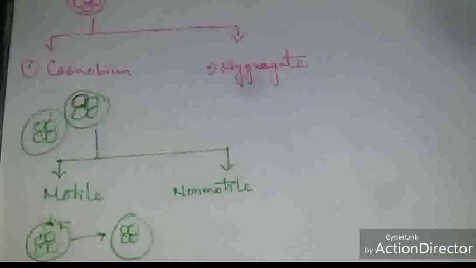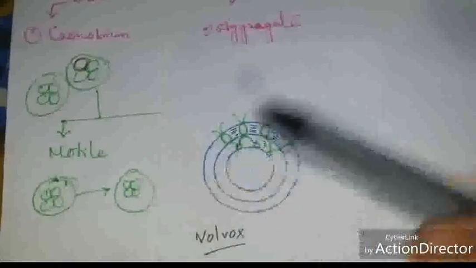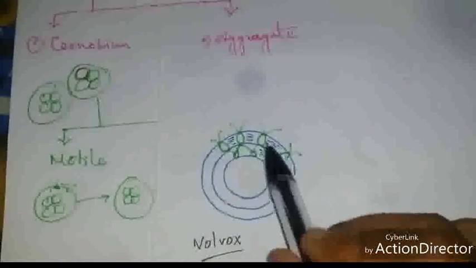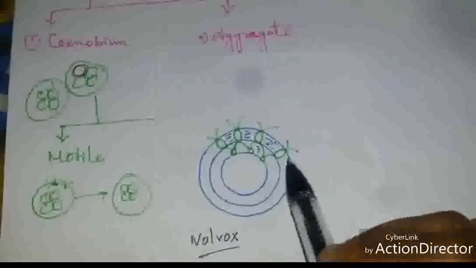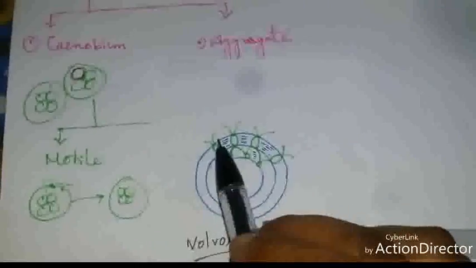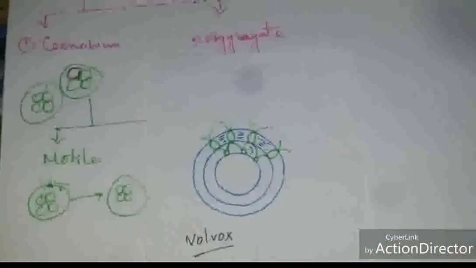So, an example of this type of algae is Volvox. Here all the cells are similar in size and the number is also constant, and they have flagella to move from one place to another.